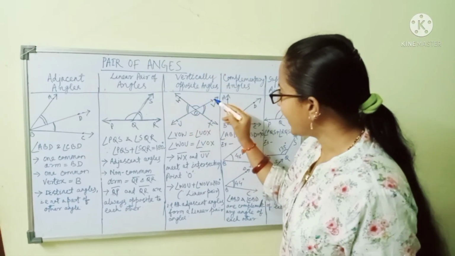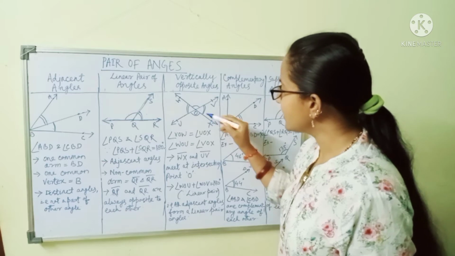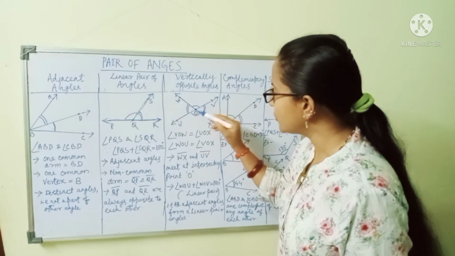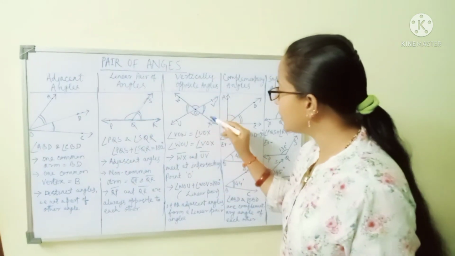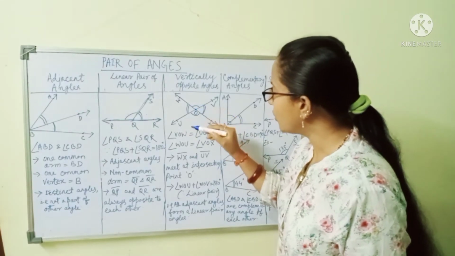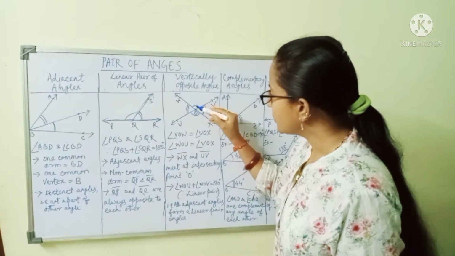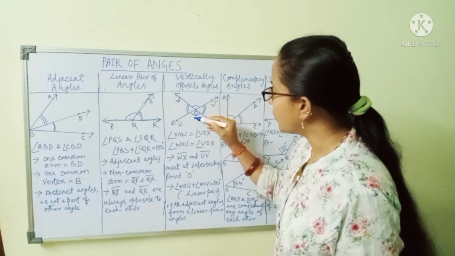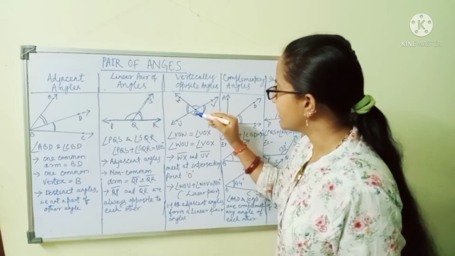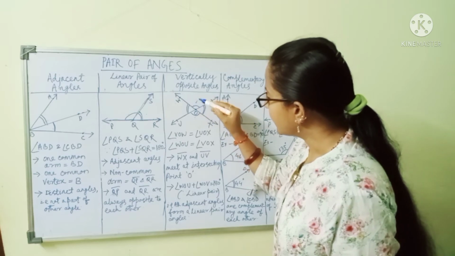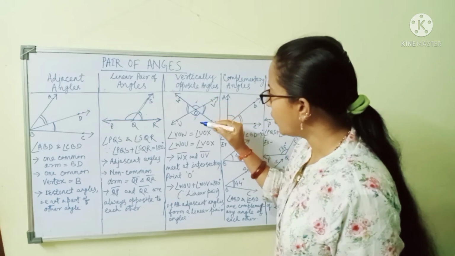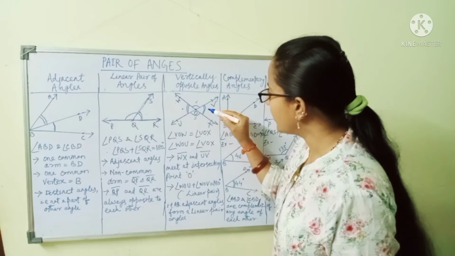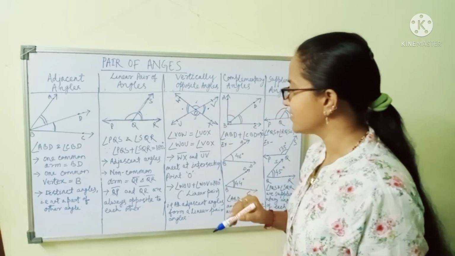Next, vertically opposite angles. Two lines cross each other at a common point O. When they cross each other at a common point O, they make two angles just opposite to each other, known as vertically opposite angles. So this angle is always equal to this angle, and this angle is always equal to this angle.